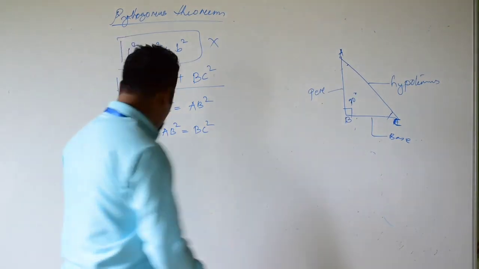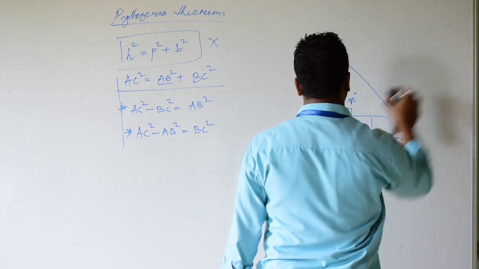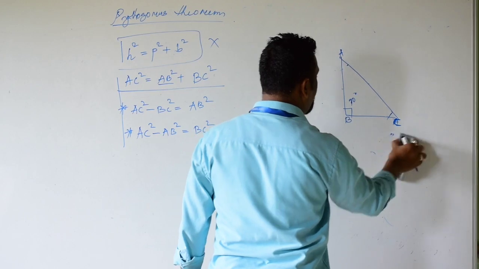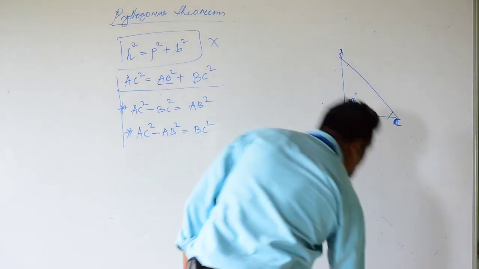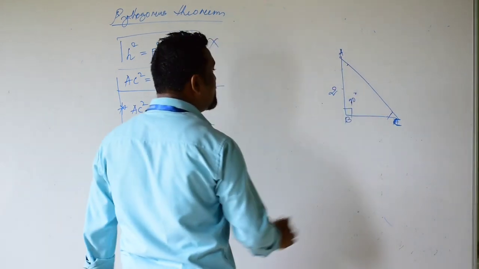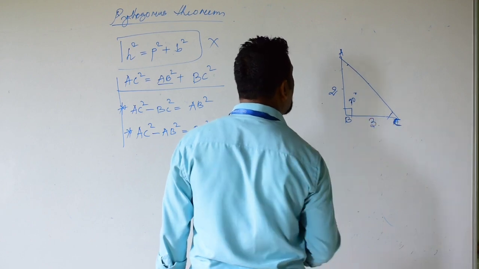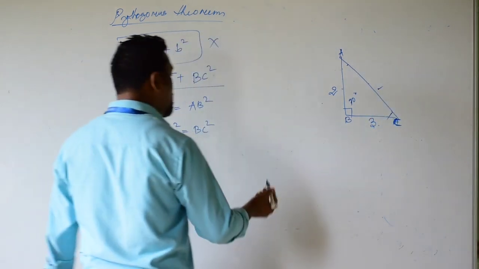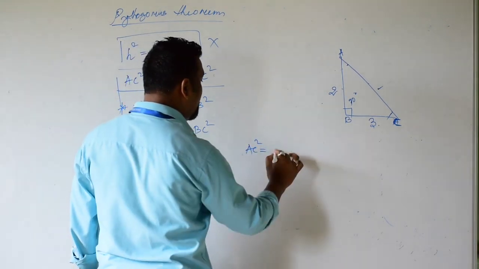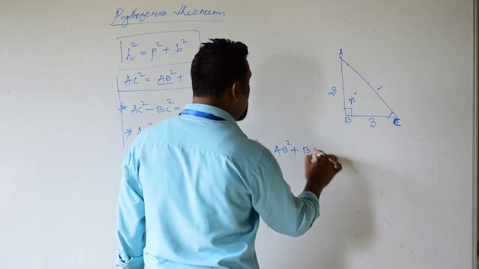Let's take an example now and find out how we use this Pythagoras theorem. Say this is a right triangle. Here you have the perpendicular as 2, and the base value as 3, and you have to find the hypotenuse. So by the Pythagoras theorem, we write AC square is equal to the perpendicular AB square plus the base BC square.